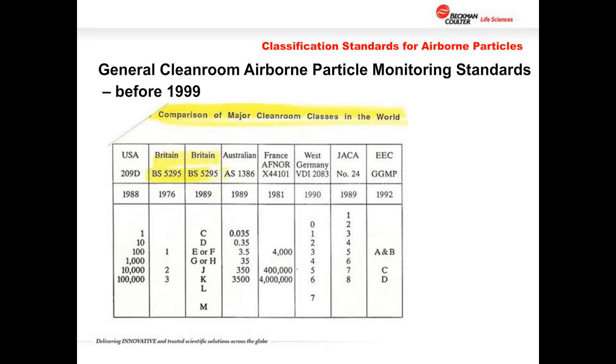Just as a little bit of background, before ISO 14644 existed, most countries had their own type of monitoring standard. In the U.S. it was Federal Standard 209, and a lot of confusion and mixed efforts affected people being able to consider how the clean room should be organized, especially internationally.